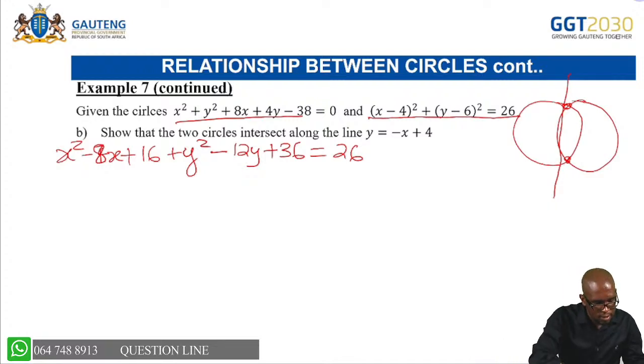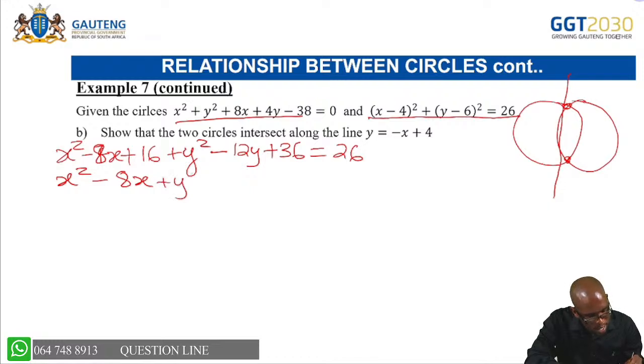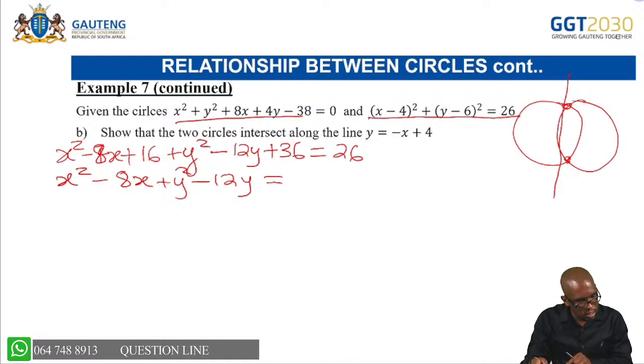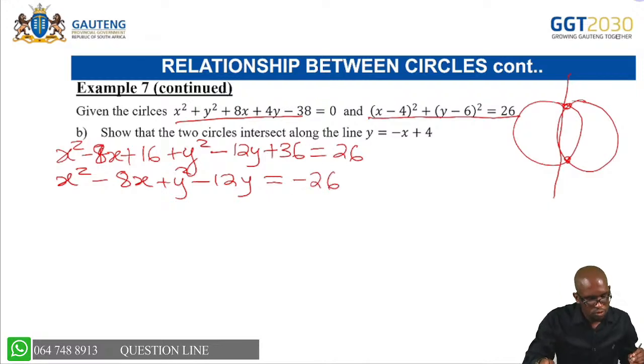Now, moving on, we will have x squared minus 8x plus y squared minus 12y is equal to, we transpose the 36 and the 16 to the right hand side, minus 16 minus 36, we get negative 26. So we've rewritten the second equation in non-standard form.